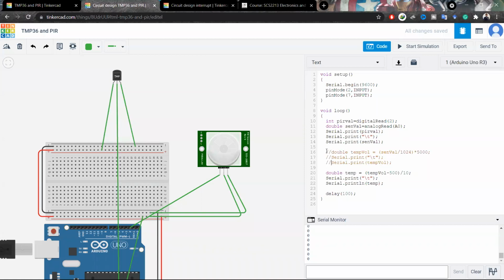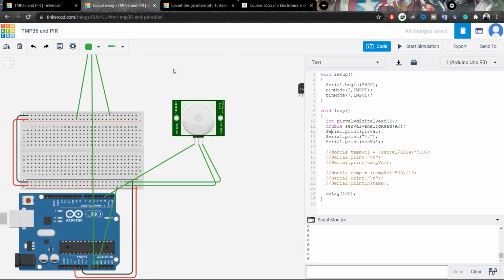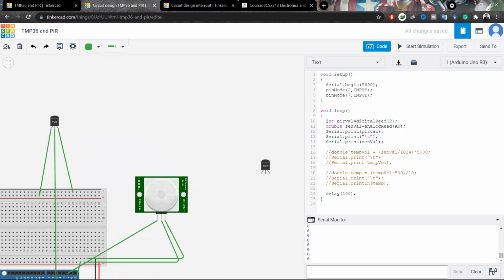When commenting the things out, I'm going to sense this analog value from the A0 pin. So don't worry about this as well. We don't need these things either.